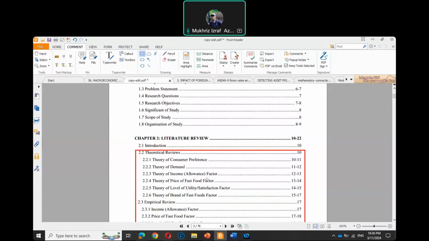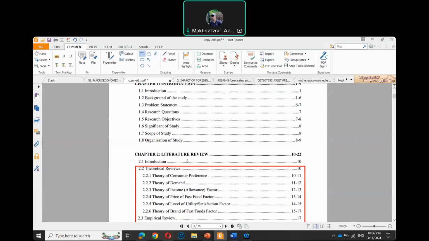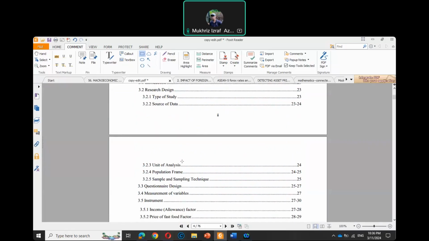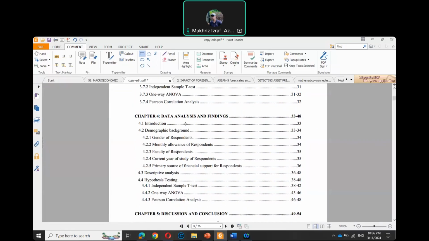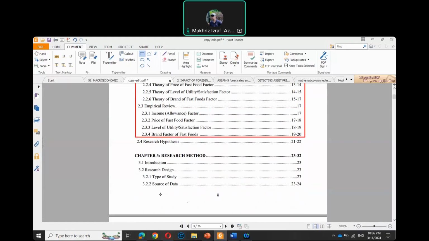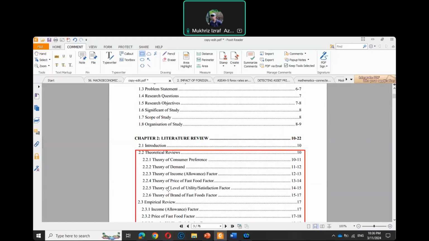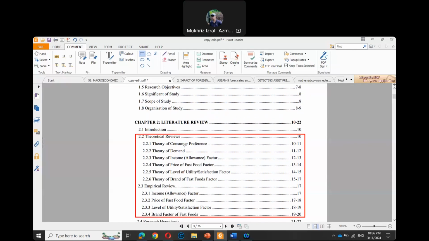When you write your 5 chapters, there is the intro, literature review, the method, and then the analysis and the conclusion. In most theses with 5 chapters, chapter 2 is dedicated to the literature review. So what is the main purpose of the literature review, and what are the components that must be included in it?